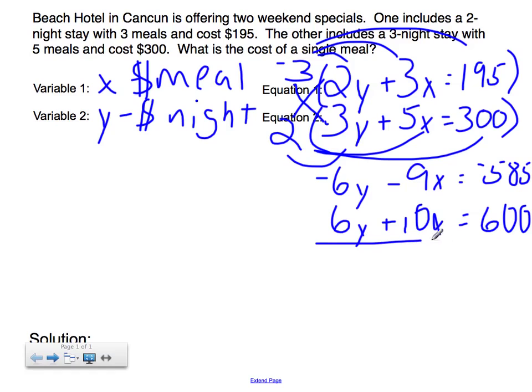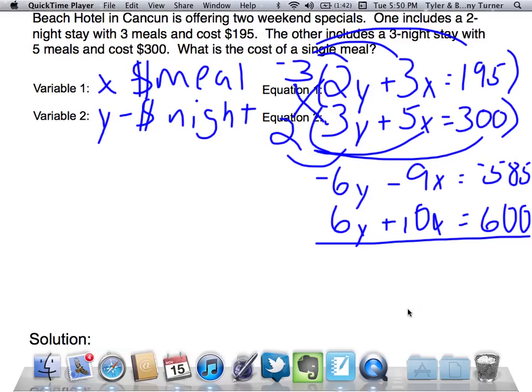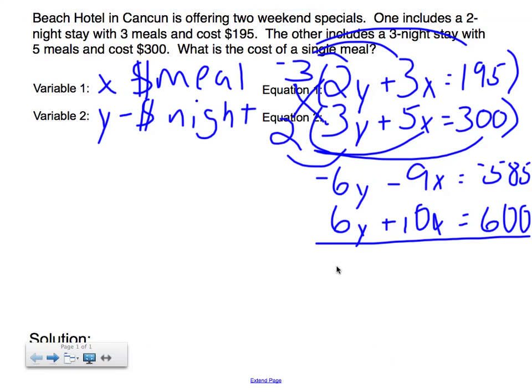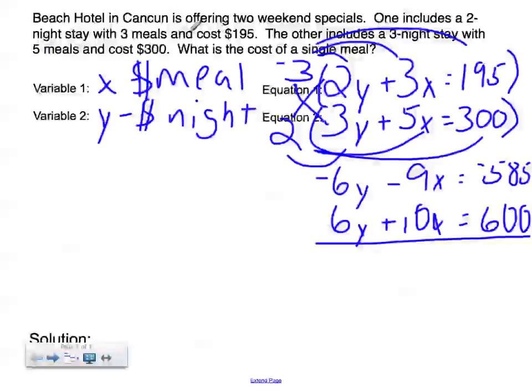Now, once we've done that, we set up our big addition problem, and this is where the elimination really starts to take hold. Negative 6y and 6y is 0. Negative 9x and a positive 10x gives us a positive x, which is great because that means we're not going to have to divide by anything.